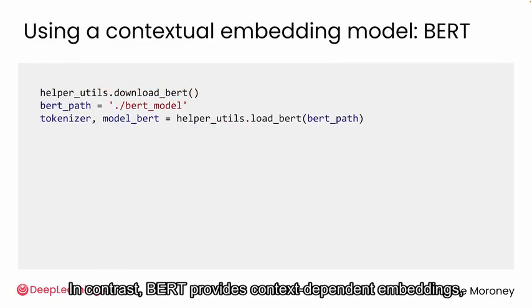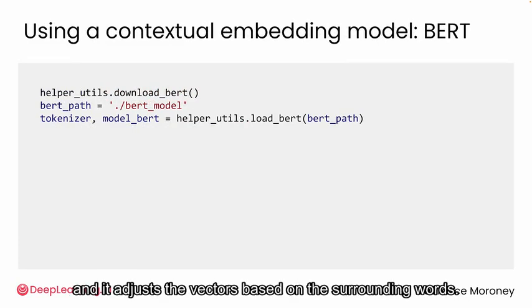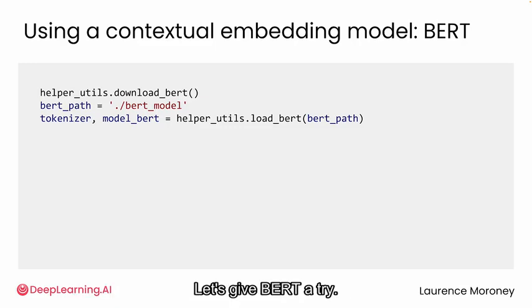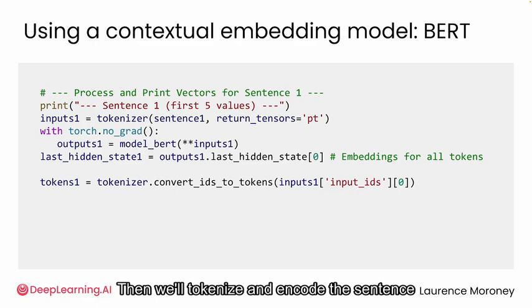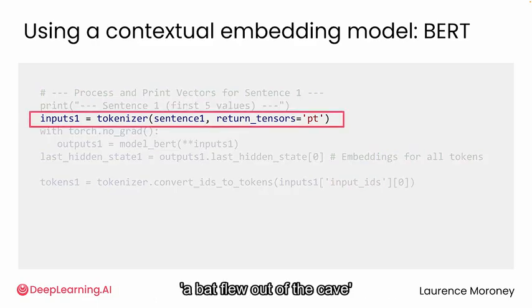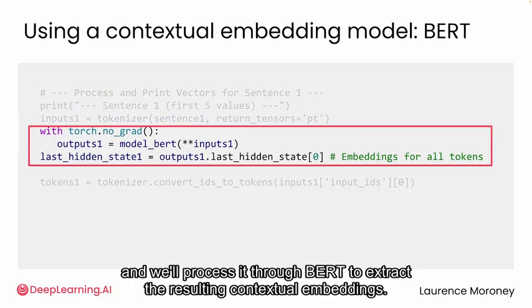In contrast, BERT provides context-dependent embeddings, and it adjusts the vectors based on the surrounding words. Let's give BERT a try. First, we'll load BERT and its tokenizer using a predefined helper function. Then, we'll tokenize and encode the sentence, a bat flew out of the cave, and we'll process it through BERT to extract the resulting contextual embeddings.